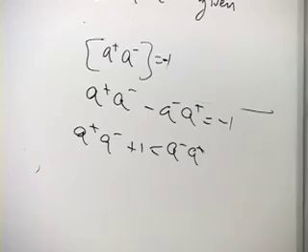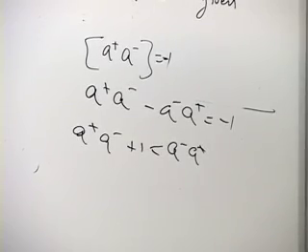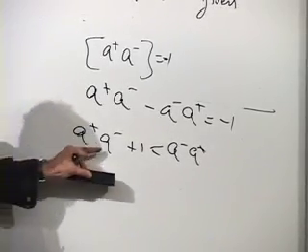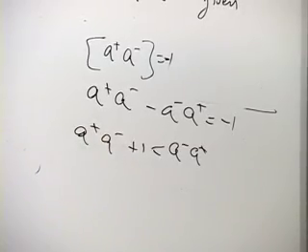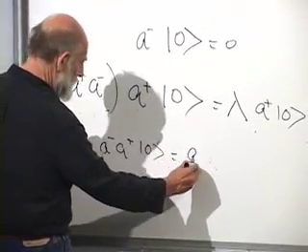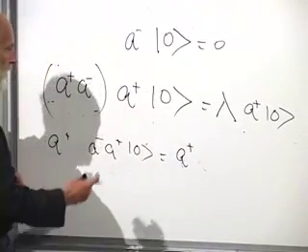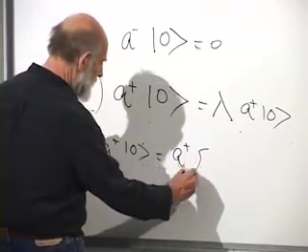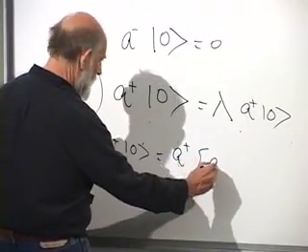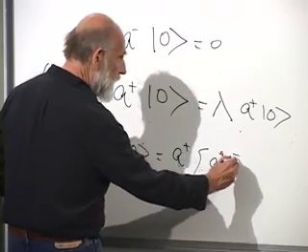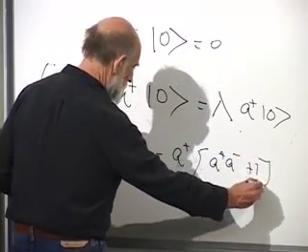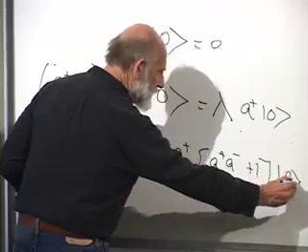All right, I have A minus A plus here. I can replace it by A plus A minus, but I have to add in a 1. So this is equal to A plus times (A plus A minus plus 1) on 0.